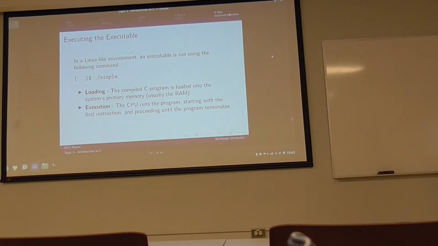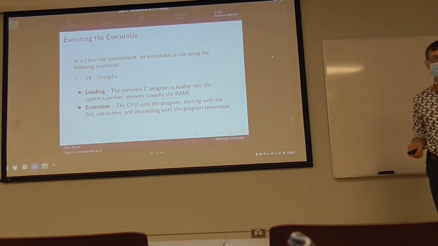But in general, if you include it in the C program, it will be included in the executable. Does that make sense? Does that answer your question? Cool. Any other questions? These are good questions, even though there was just one question.